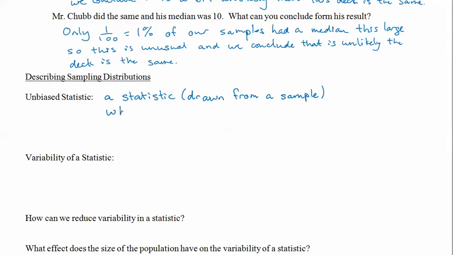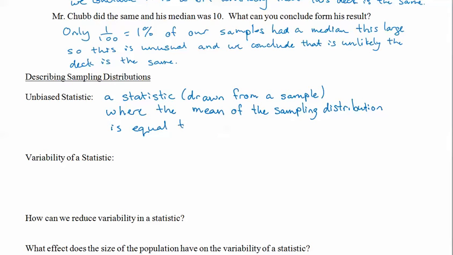So a statistic where the mean of the sampling distribution is equal to the true value of the parameter, or remember, parameter comes from populations, so the population's parameter being estimated.